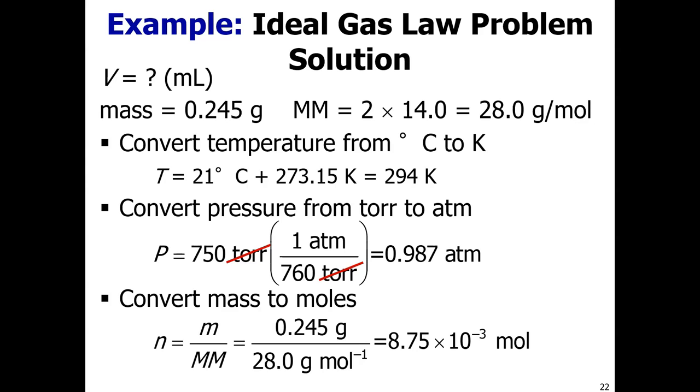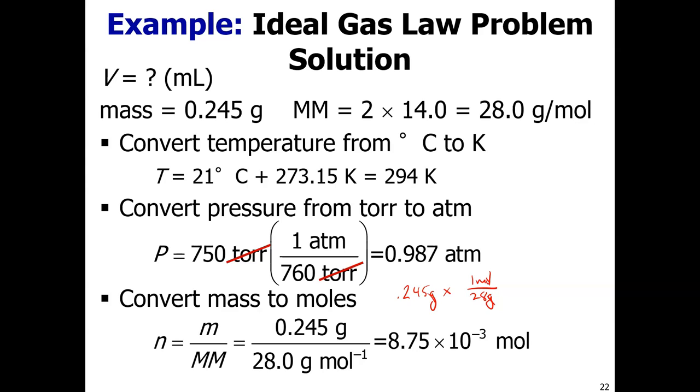Probably a better way to show you would be, I have 0.245 grams of my compound. I'm going to take that, and I have 28 grams over 1 mole.